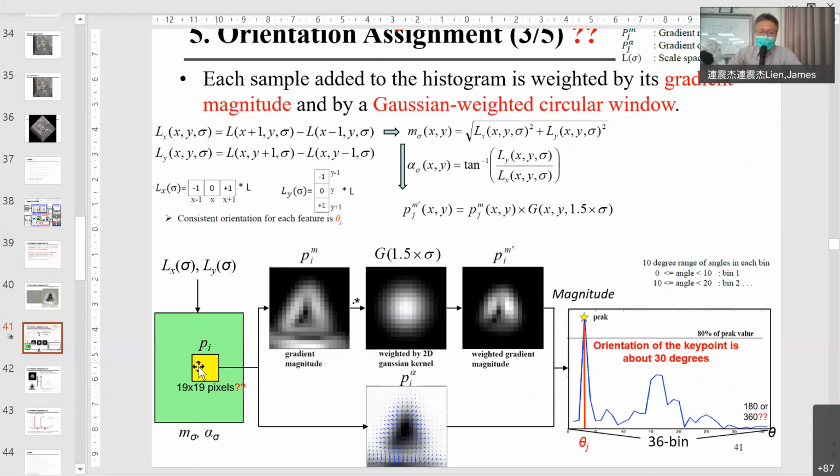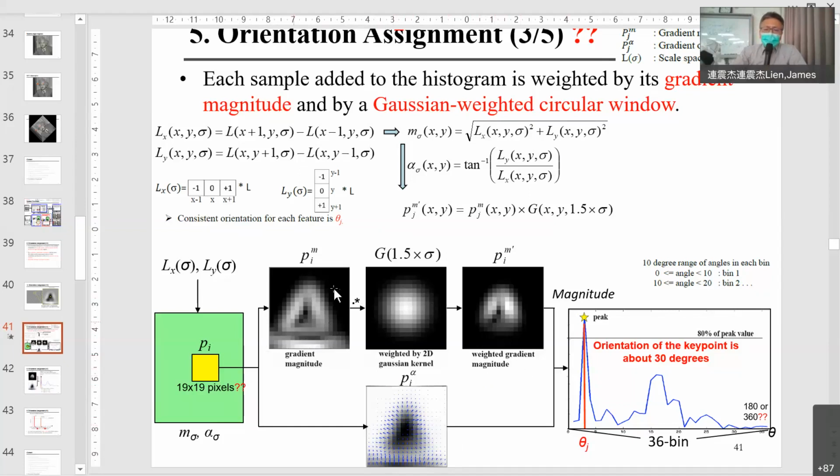So for any patch, this is your gradient magnitude based on this one. This direction is for the angle. 一个是角度，一个是大小。This is magnitude, this is your angle.